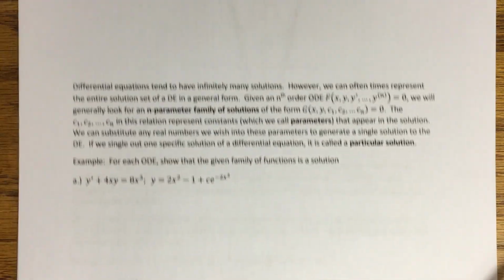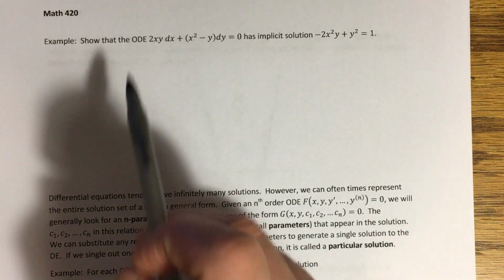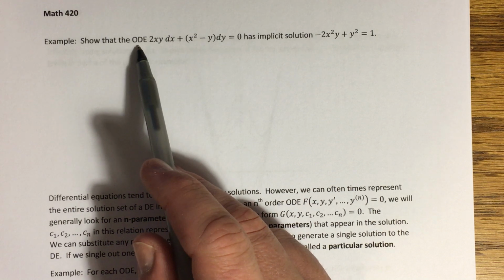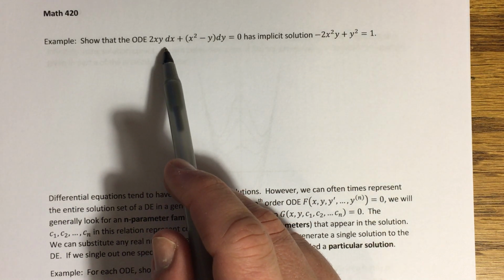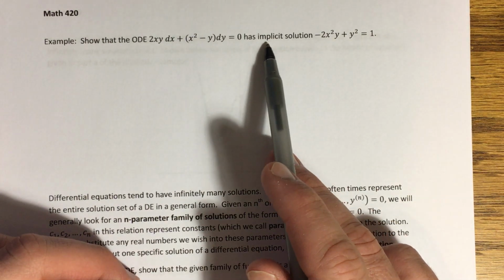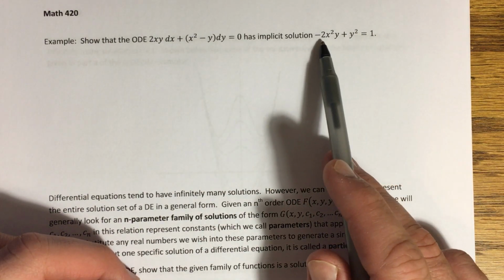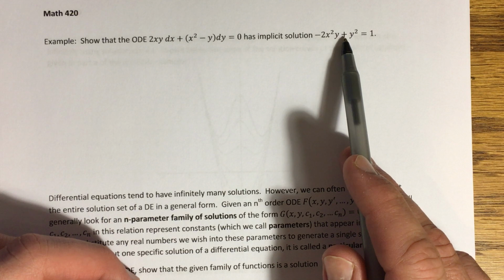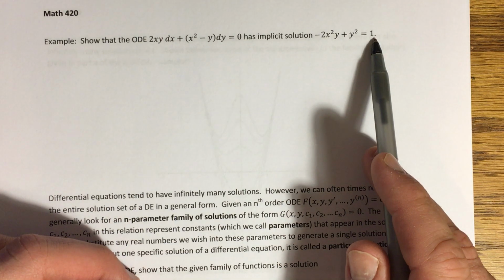So let me give you an example to illustrate what I mean. Here's an ODE. It's given in differential form, and I want to show that it has the implicit solution, negative 2x squared y plus y squared equals 1.